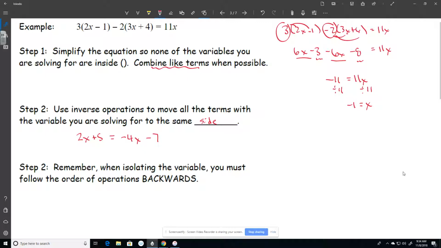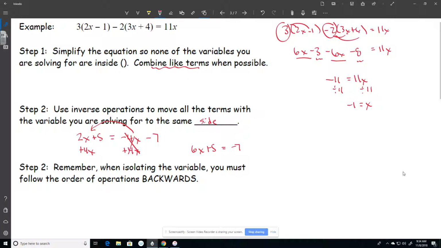So I want to get my x's together on one side of the equation. Usually I try to keep my x's positive. So if I move my 2x's over to the other side, I'm going to have a bunch of negative x's. So I'm going to add 4x. I'm going to move this 4x to the left by adding it to the left. So it goes away on this side. Now I've got 2x's plus 4x's. So I have 6x plus 5 on the left, and that equals negative 7 on the right.